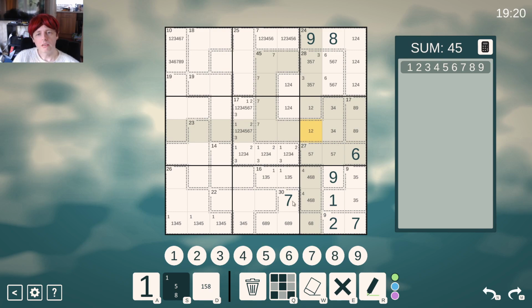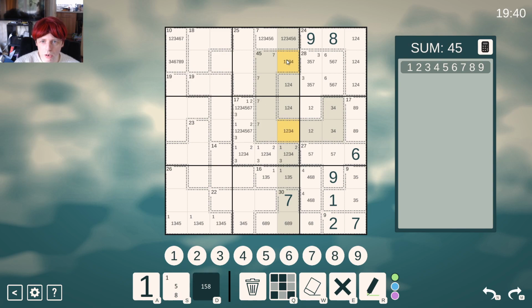Okay, where can 8 and 9 go? 8 and 9 can go there. And we can also fit 8 and 9 into those places. I mean, at the moment, they could be 1, 2, 3, 4, 5, 6, 8 or 9, couldn't they? But they can't be 3 or 4, because 3 and 4 is gone.